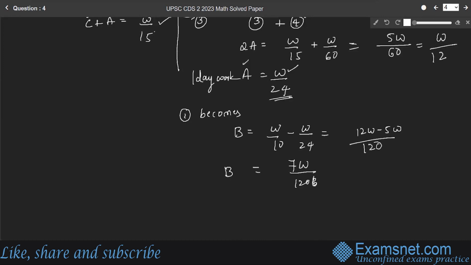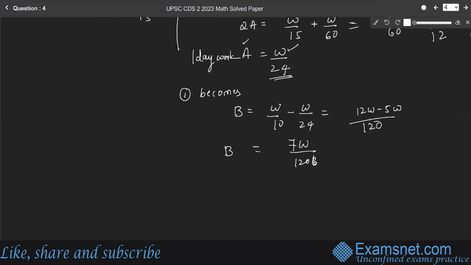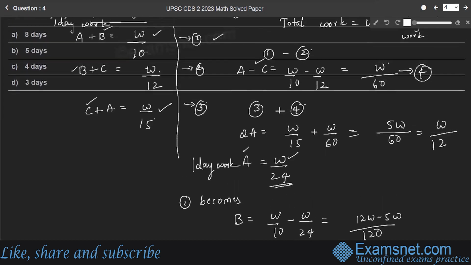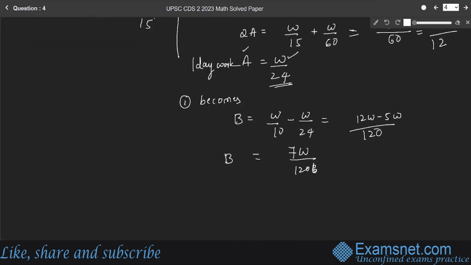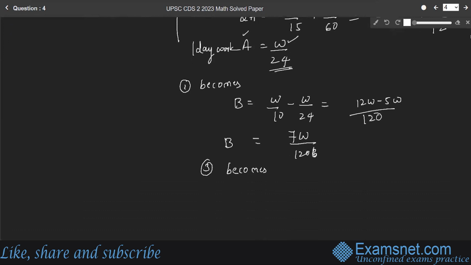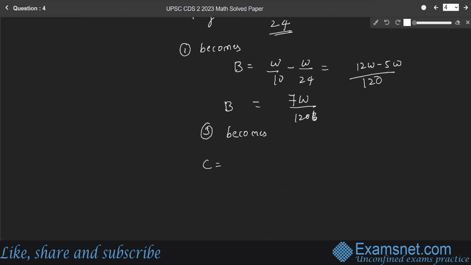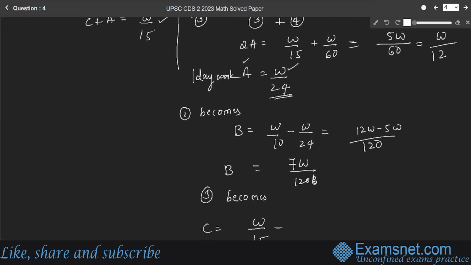Now, to find C, we'll take equation 3. Equation 3 becomes C plus A is W by 15. Therefore, C is W by 15 minus A, since A is W by 24.